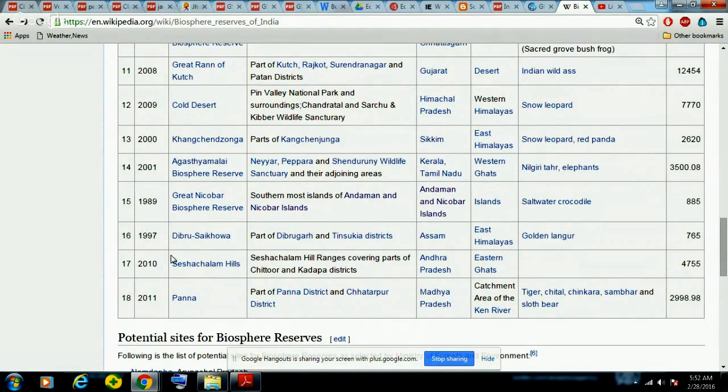Then in 2010, Seshachalam Hills, which is quite in the news, in Andhra Pradesh.